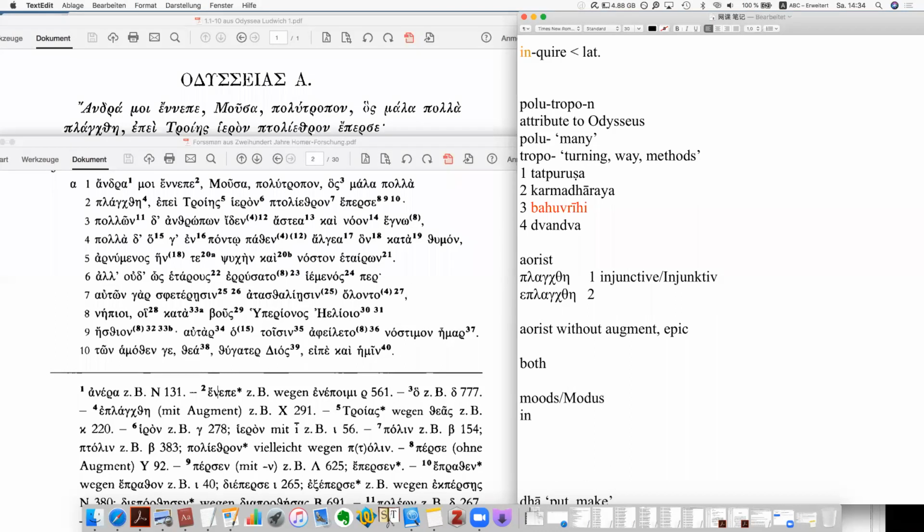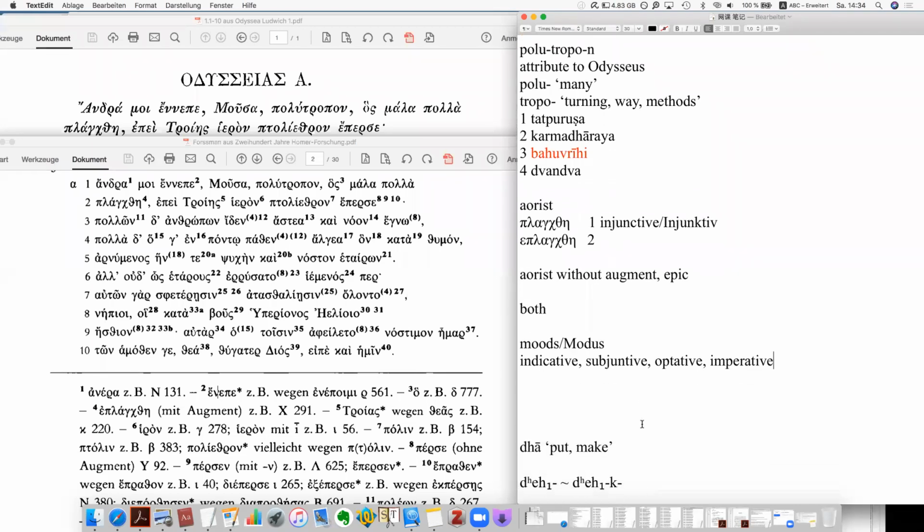So in Indo-European languages, we have these different moods, like imperative. These are the familiar moods you always find in the grammar. But there's actually a fifth, called injunctive.